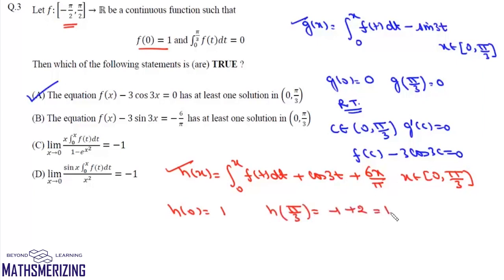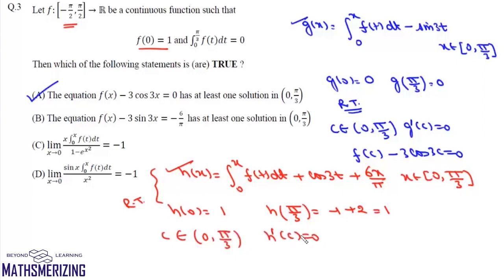So the value of h(pi by 3) is 1. So again this function h(x) satisfies all three conditions of Rolle's theorem. So again from Rolle's theorem we can say there exists at least one c in the interval 0 to pi by 3 such that h dash c is 0.